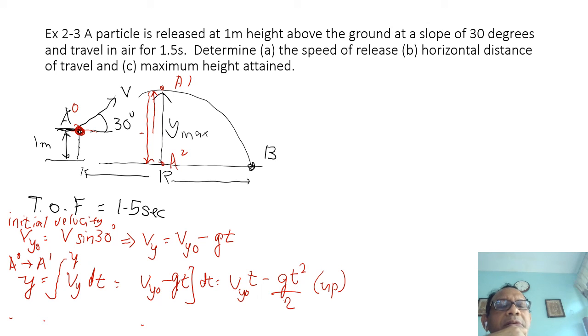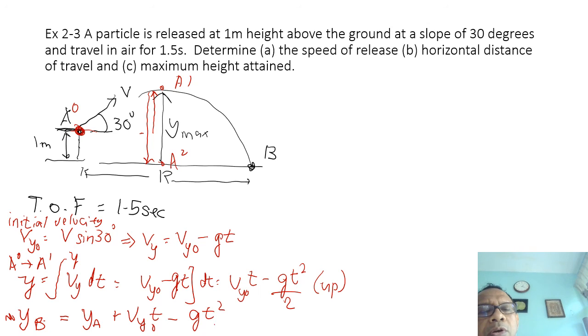So we can now rewrite the equation: yB, the distance traveled in y at B, equals yA plus the equation in Vy of t, so Vy naught t minus gt squared over 2.